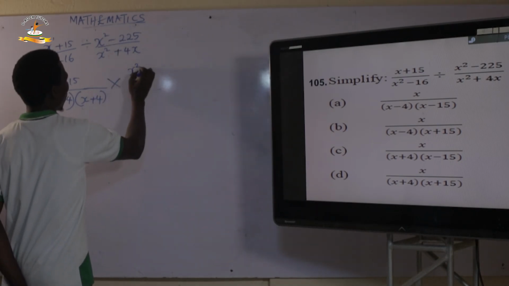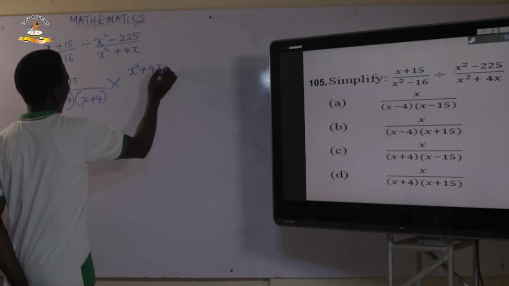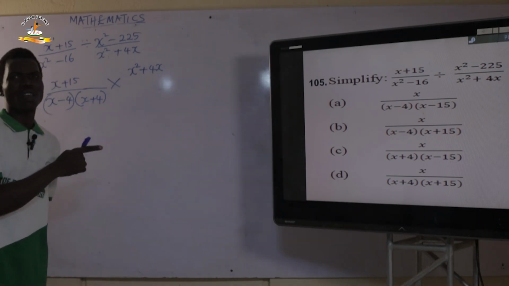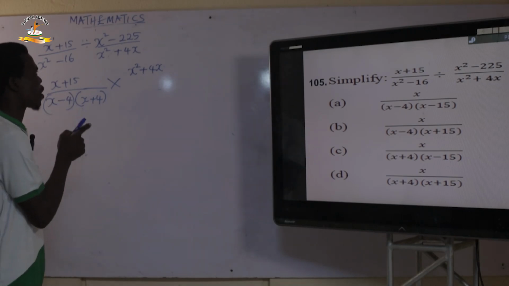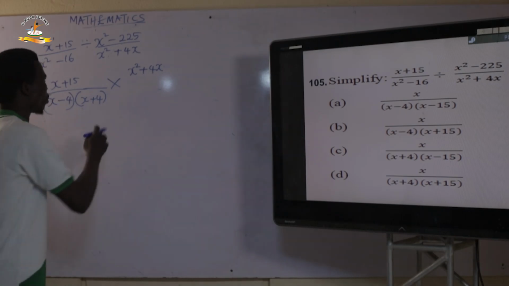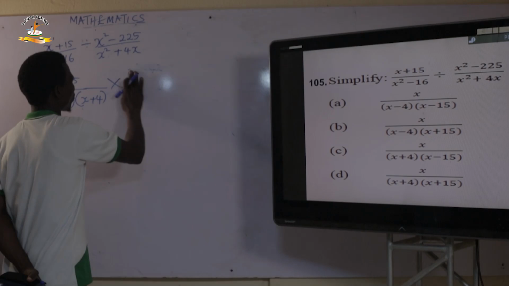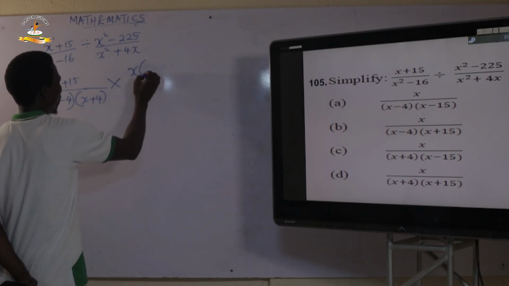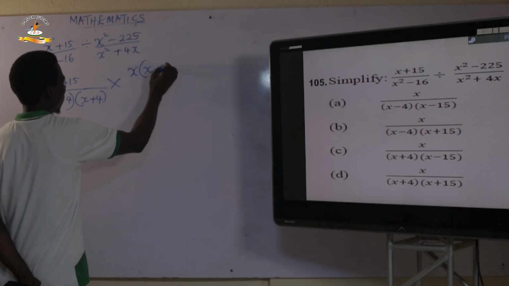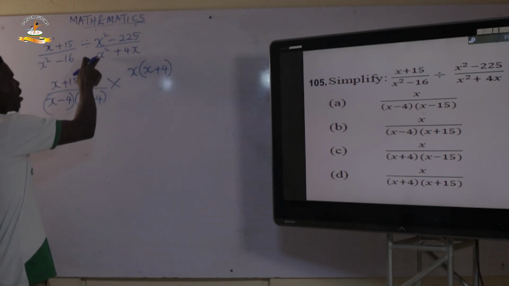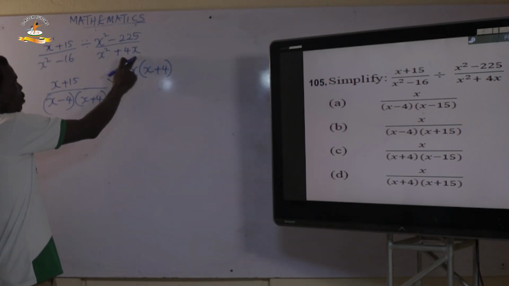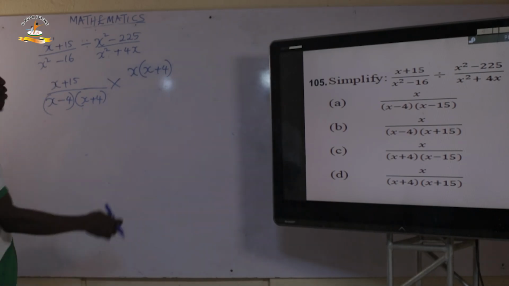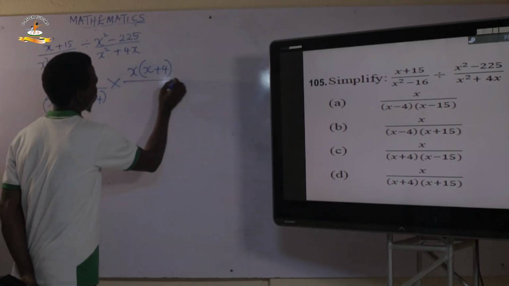It means that up here will be what? X squared plus 4x. However, I will not really put that because x can be factorized out of that expression. So I simply don't need to wait until later. So I simply say x into bracket x plus 4. If you still remember, this expression here, x squared plus 4x, is just exactly the same as this, only that I have factorized this.